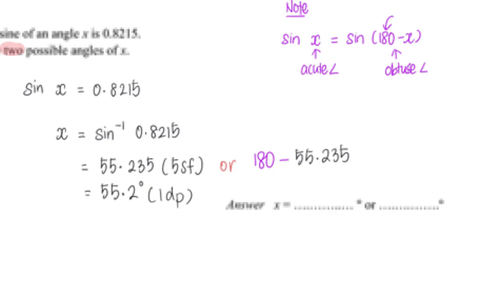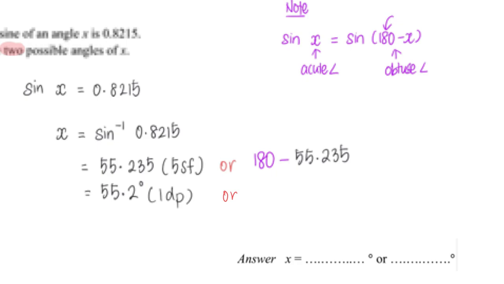let me just do some quick adjustments, sorry, so that I can create more space. I'm going to hide this away. Okay, so this will be equals to 124.765, which is to 5 significant figures.